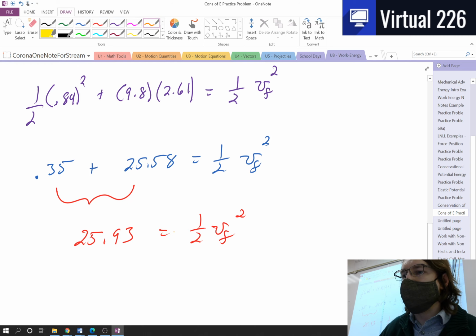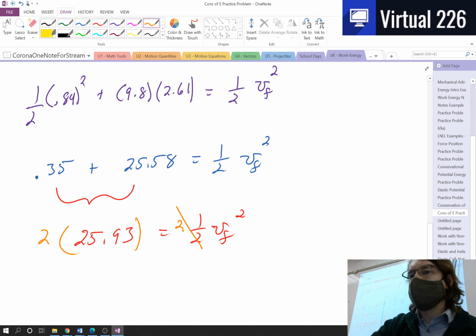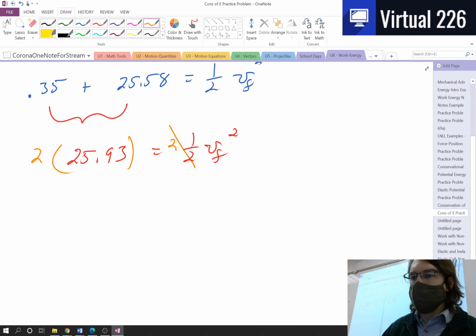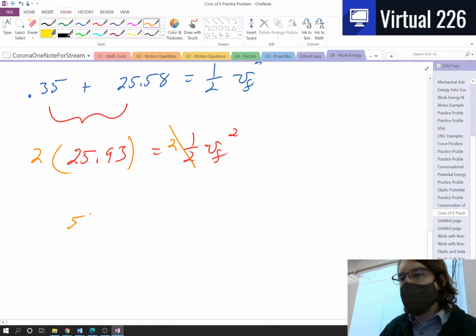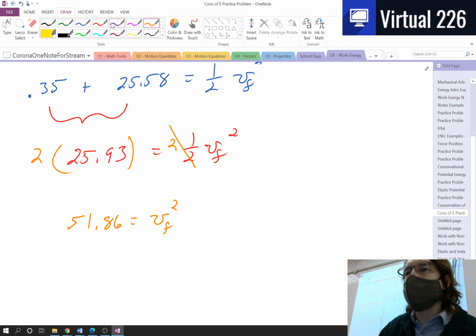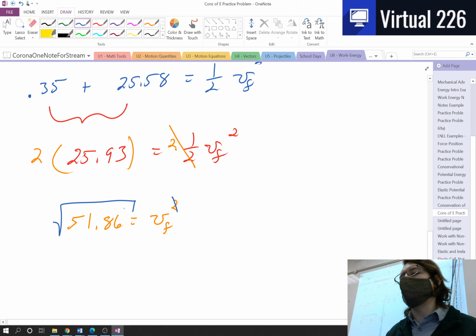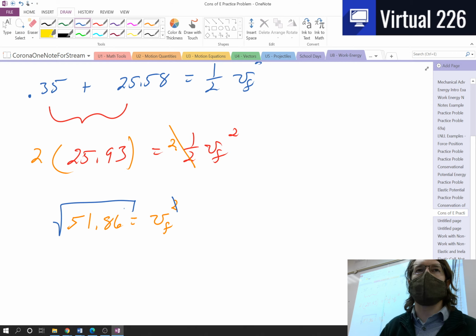We've got to get rid of that 1/2, so let's multiply by 2. So we now have 51.86 equals the final velocity squared. And as we've seen many times before, if we want to get rid of this square, we take a square root. Square root of 50 is going to be somewhere between 7 and 8, because 7 squared is 49, 8 squared is 64.